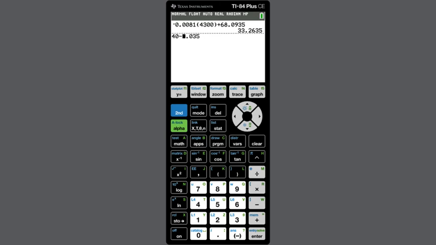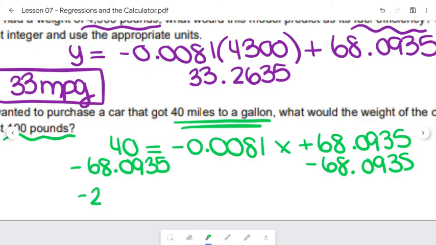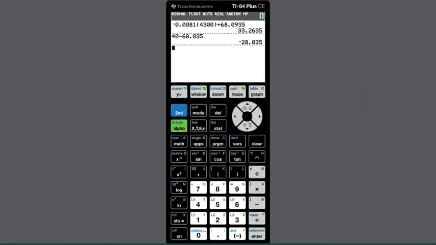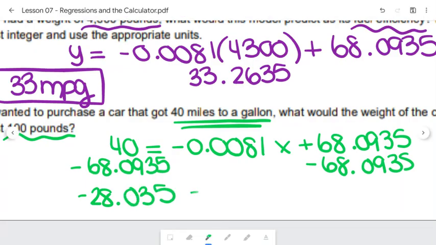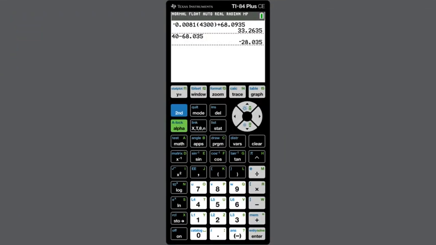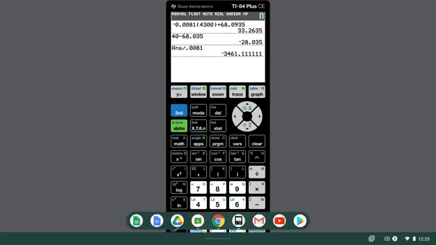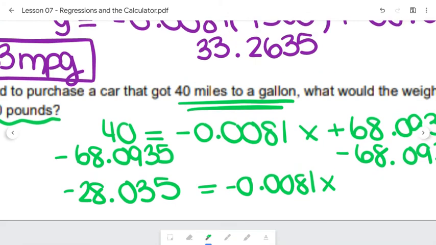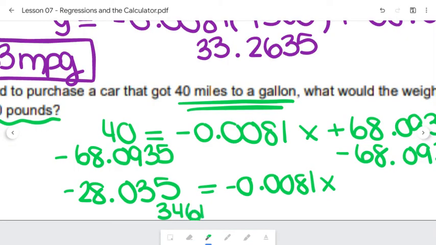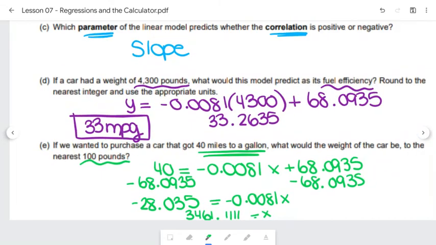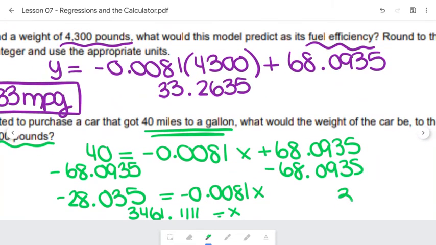Oops. So when I solve that to the nearest 100 pounds, 3,500 pounds.